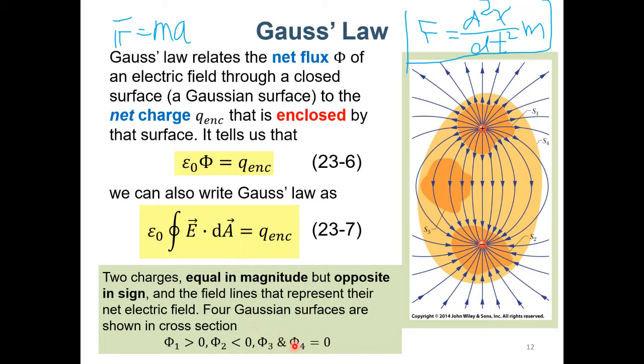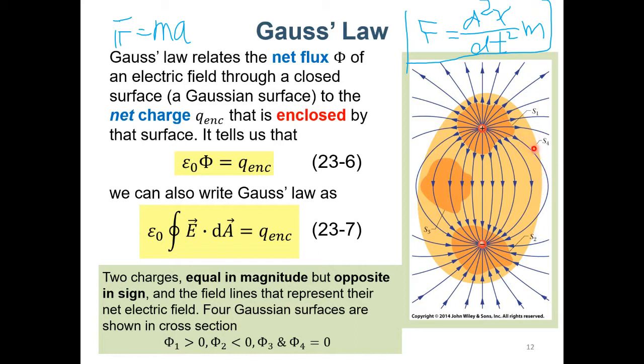And for phi 3 and phi 4: S3 encloses nothing. Although there are positive and negative charges close to it, they are outside S3, so phi 3 should be 0.